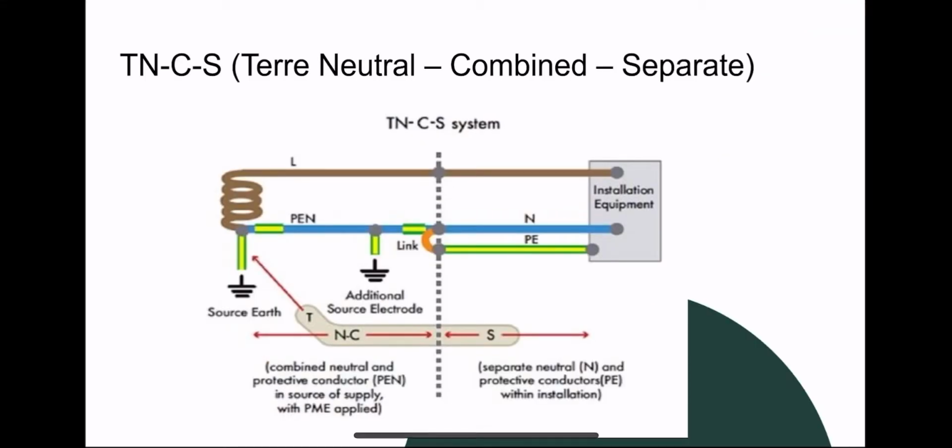The second one is TN-C-S. In a TN-C-S system, or terre neutral combined separate, it has a neutral channel from the main distribution equipment, which is the power source, connected to the earth and earthing at a certain distance along neutral channels leading to consumers, usually referred to as PME, or you may know it as protective multiple earthing.